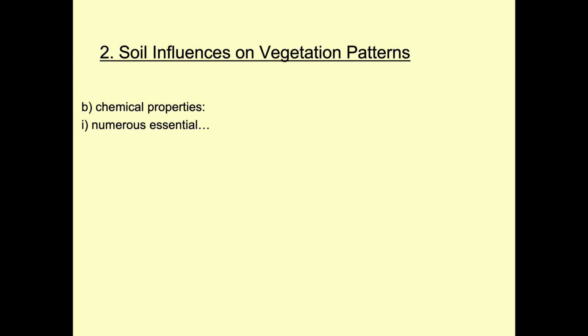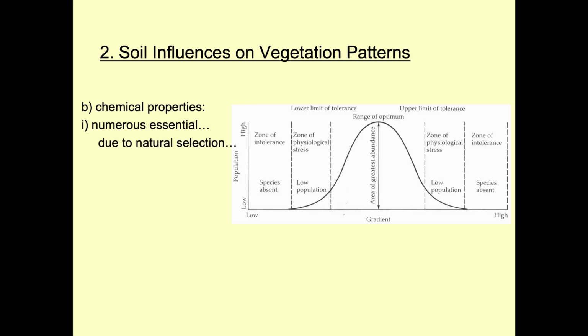And due to natural selection, species will have evolved to have their own optimum at different levels of the abundance of different nutrients and other soil nutrients. As a result, some species will be more common on nutrient-poor soils, some will be more common on nutrient-rich soils, and others at intermediate soils.